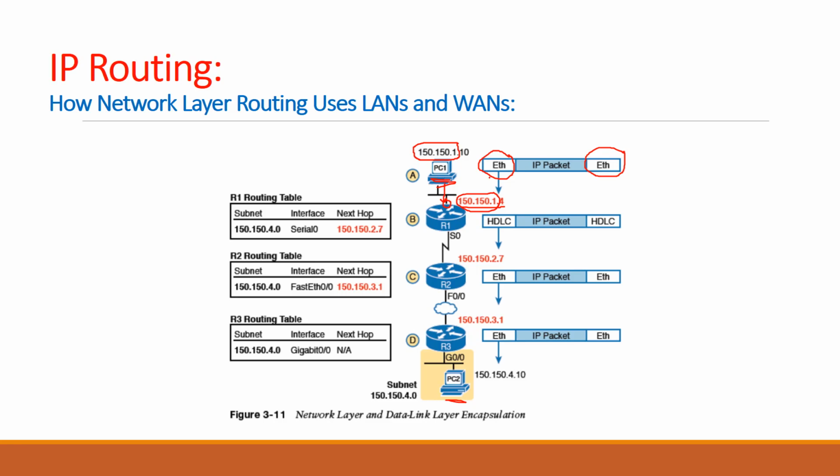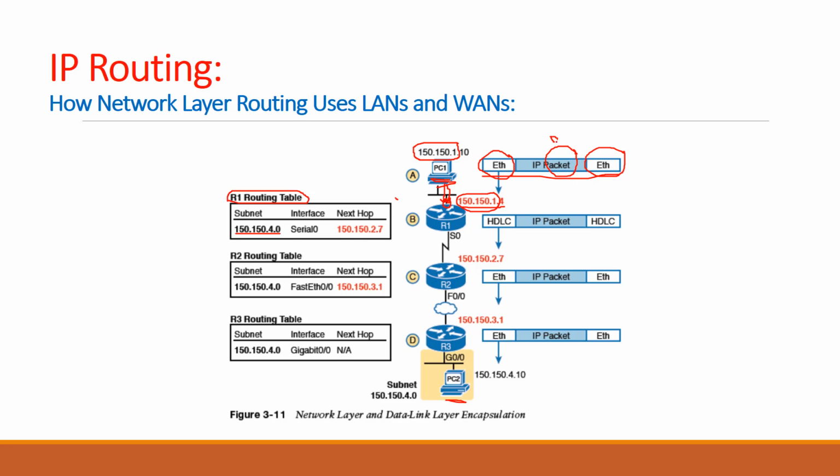Now, PC1 encapsulated the frame and sent the frame to R1. R1 will check its IP routing table and, as a subnet check, the destination IP address.